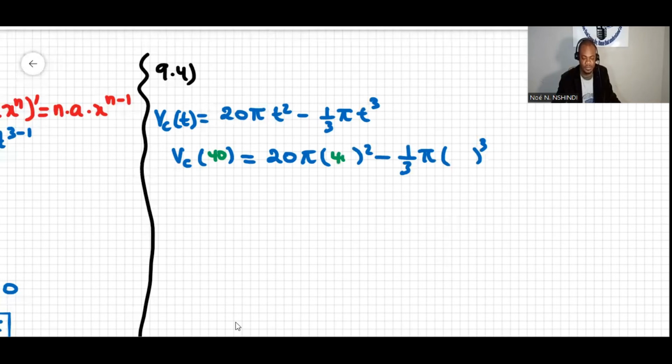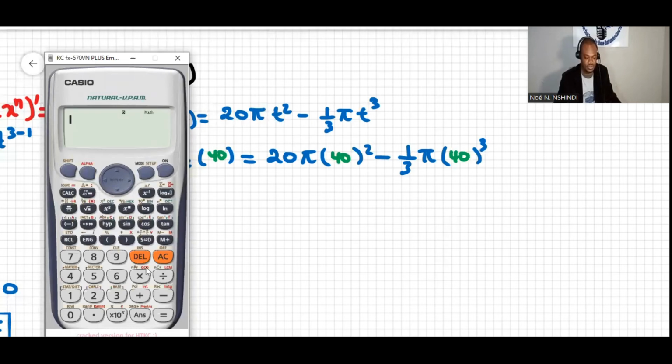On the calculator, that's 20, then pi (press shift and this button), open bracket 40, close bracket, to the power of 2, minus 1/3 pi, open bracket 40, close bracket, to the power of 3, and then when we hit equal, we get the maximum volume.